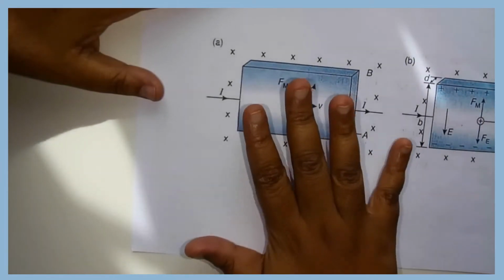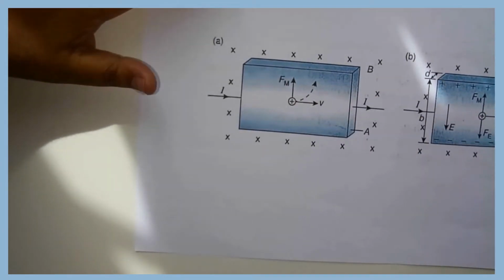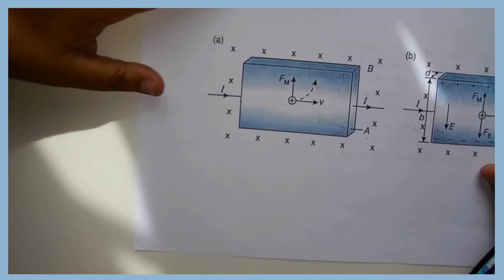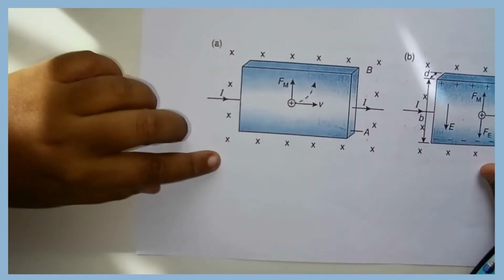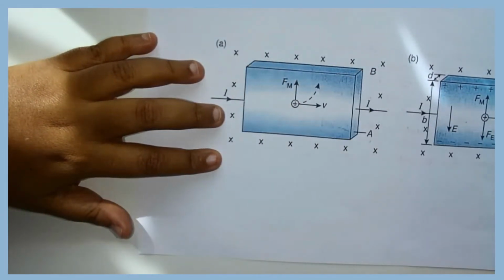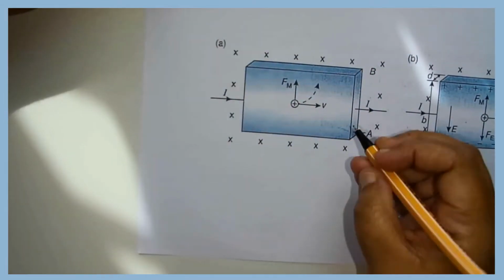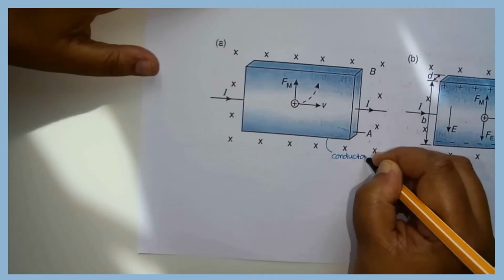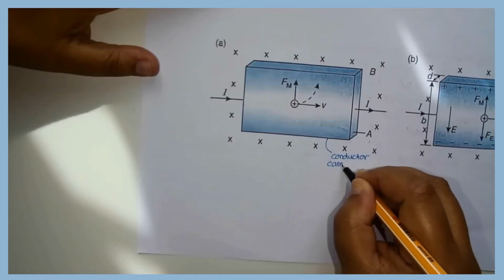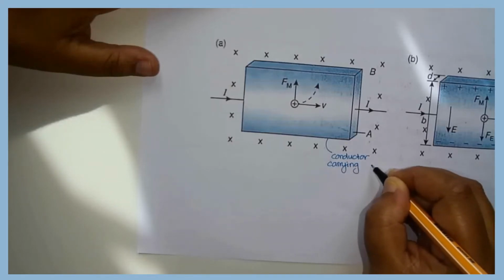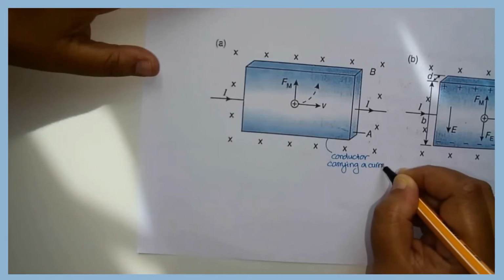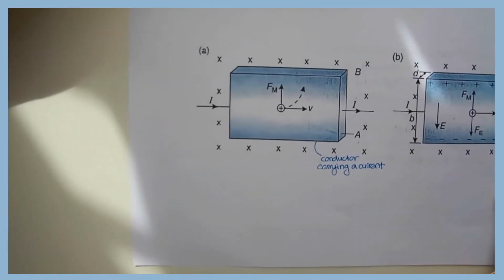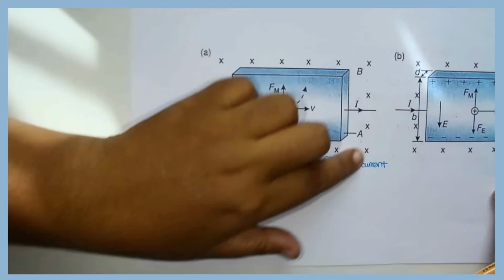What is the first thing that happens here? Let's look at A. What do you see, class, for the first one? In this example A, we have a conductor carrying a current, and then it is put inside a magnetic field.